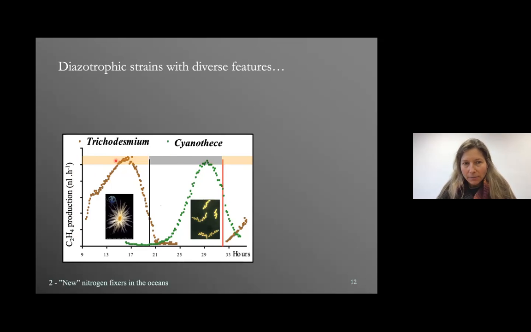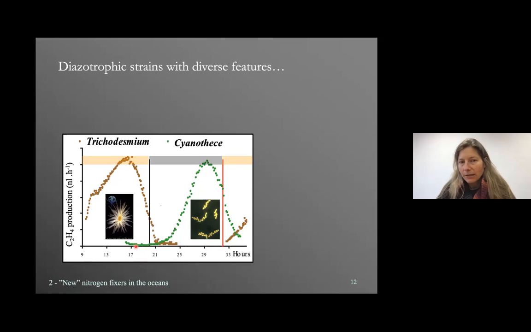And for Trichodesmium, the brown curve, the nitrogenase activity occurs mostly during the light. It falls down to 0 at night. And then you can see that in the following light period, it increases again. So in filamentous strains like Trichodesmium, nitrogen fixation happens during the light.